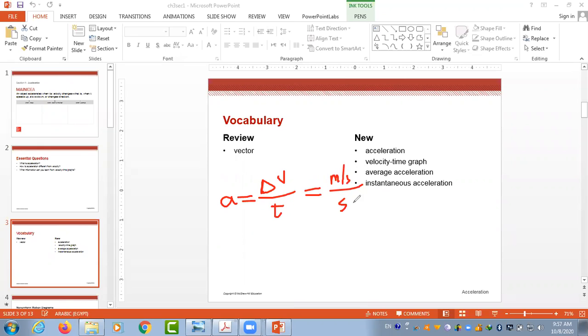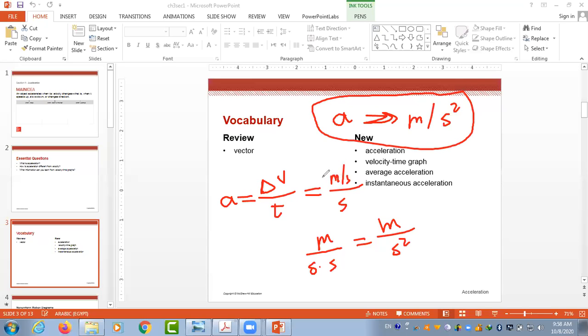So a change in velocity happens in a time, so we can move this one to the denominator. It will be meter over second times second, which is meter per second square. In a simple way, we write that acceleration is measured in meter per second square.